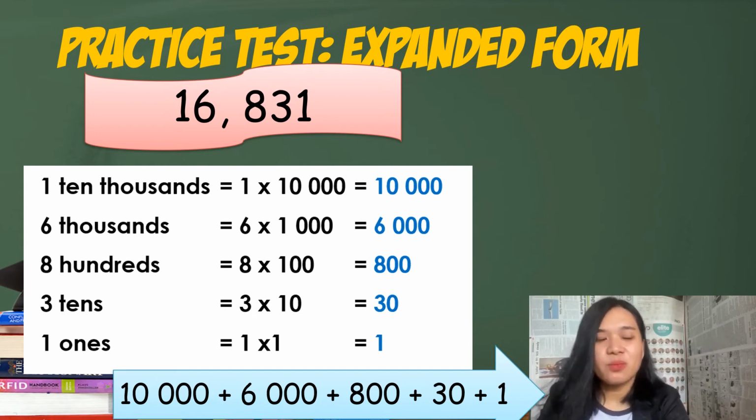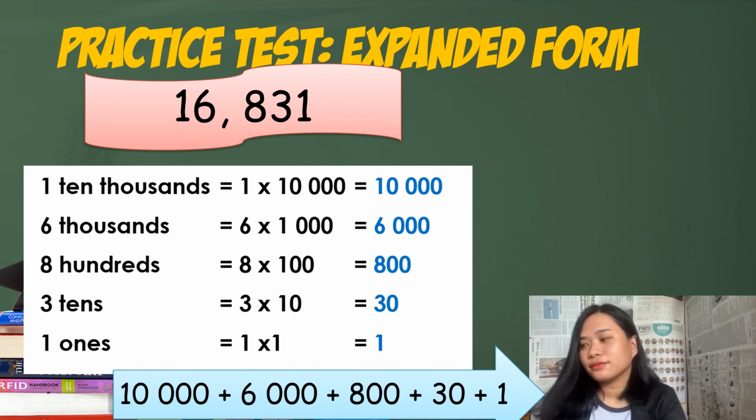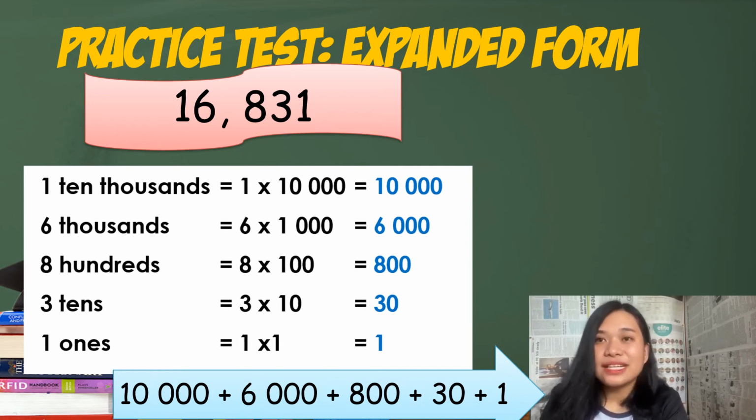So we have this number, 16,831. First, you need to identify its place value. So I give you 10 seconds to identify its place value. Now let's identify the place value of each digit.